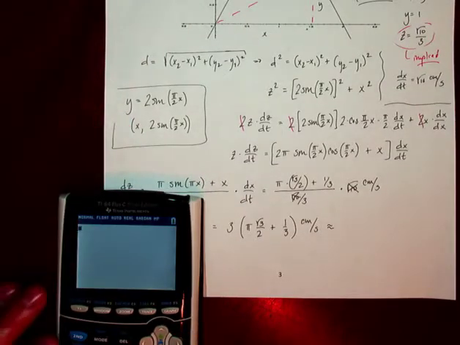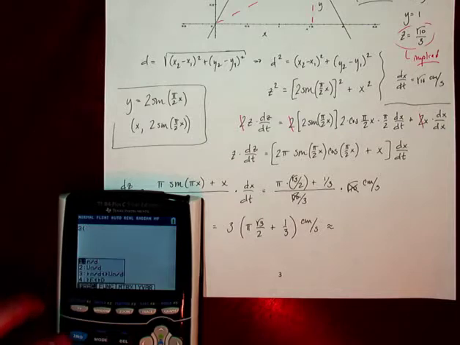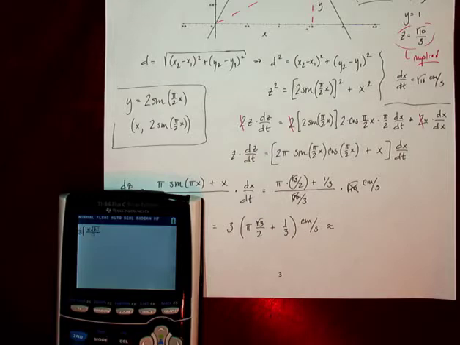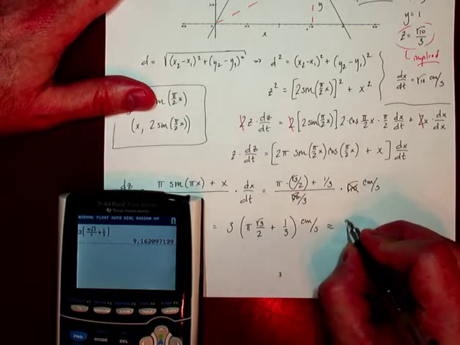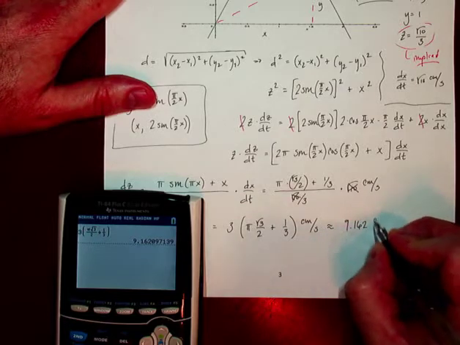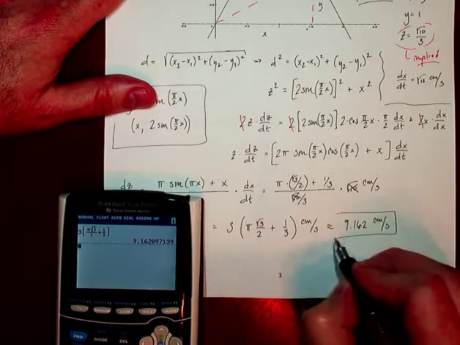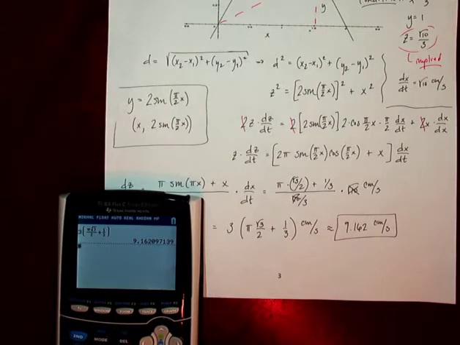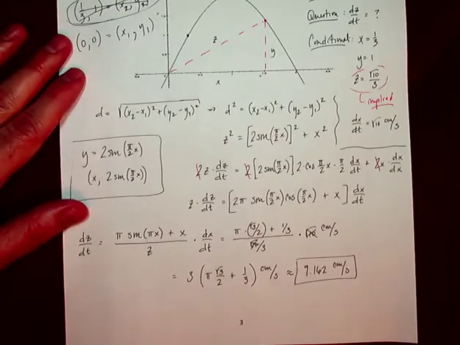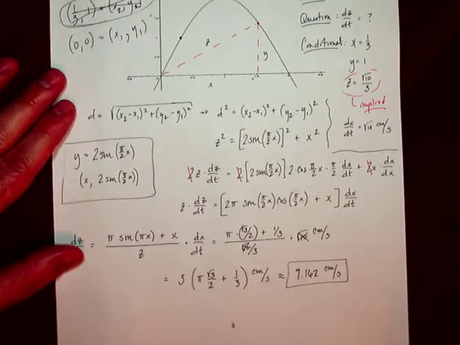Let's do 3 times pi root 3 over 2 plus 1/3, and that winds up being 9.162 centimeters per second. And then you would just write me a nice little sentence explaining that. Now, that one was kind of difficult, and I probably should have saved that one for later.